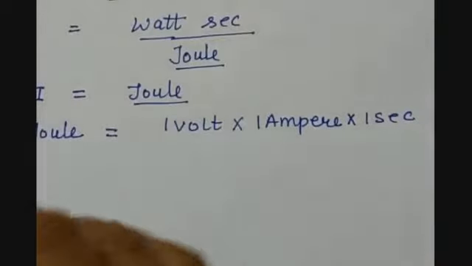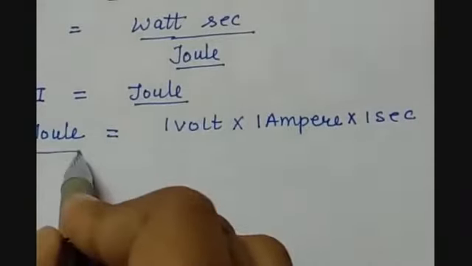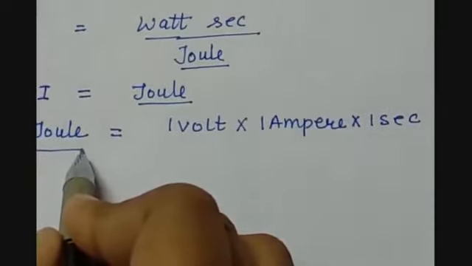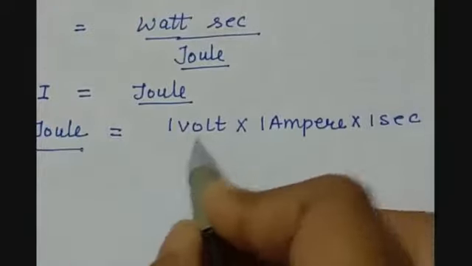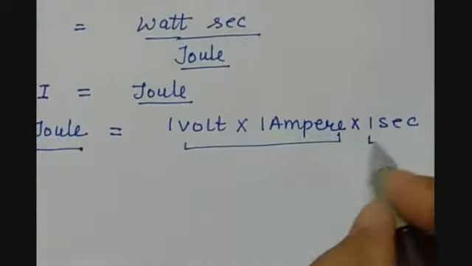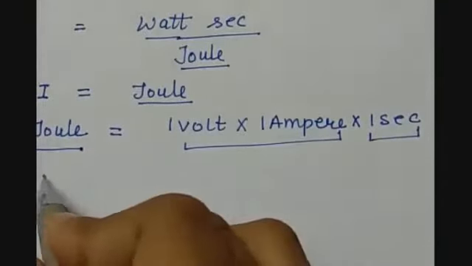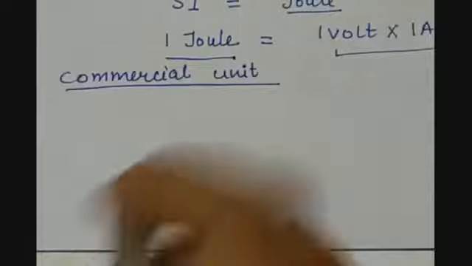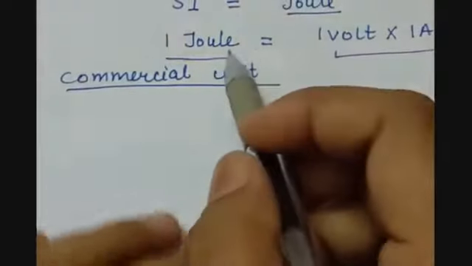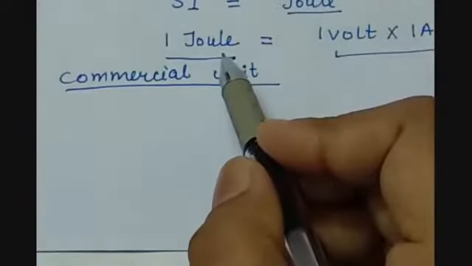So 1 joule is the amount of energy consumed when an electrical appliance of 1 watt is used for 1 second. Now, 1 joule is a very small amount of energy.